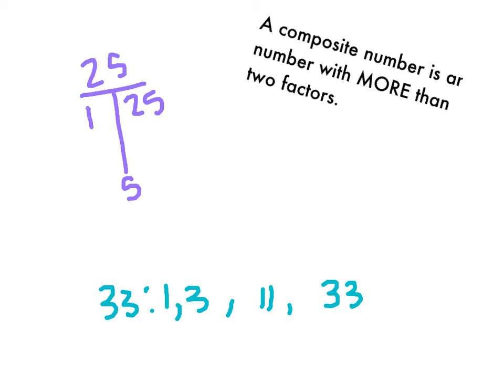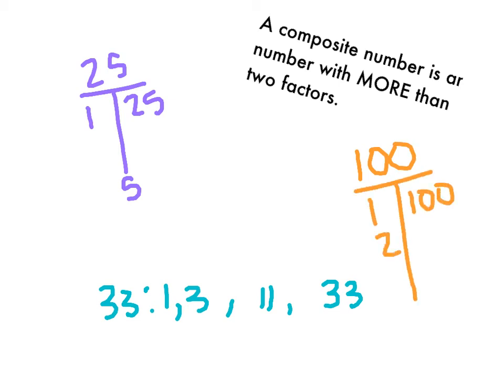Some other examples, let's pick some nice easy ones, would be 100, because we know you could do 1 and 100. You could do 2 times 50, 4 times 25, 5 times 20, 10 times 10. Did I miss any there? We'll hope not. So it is definitely a composite number.